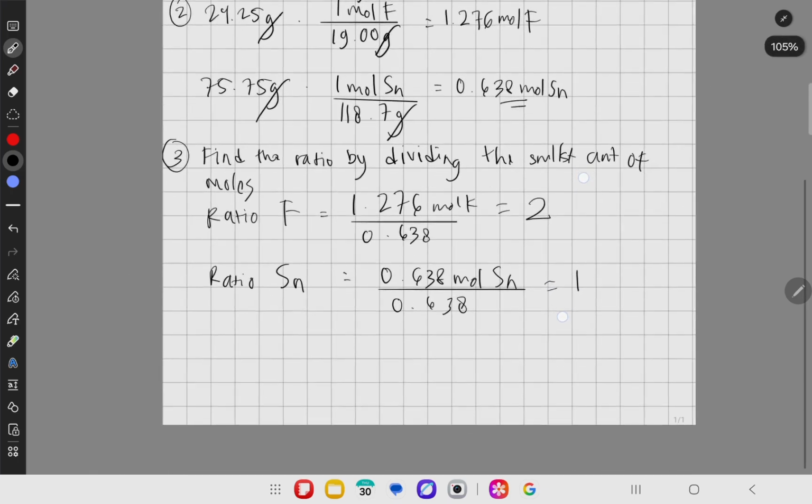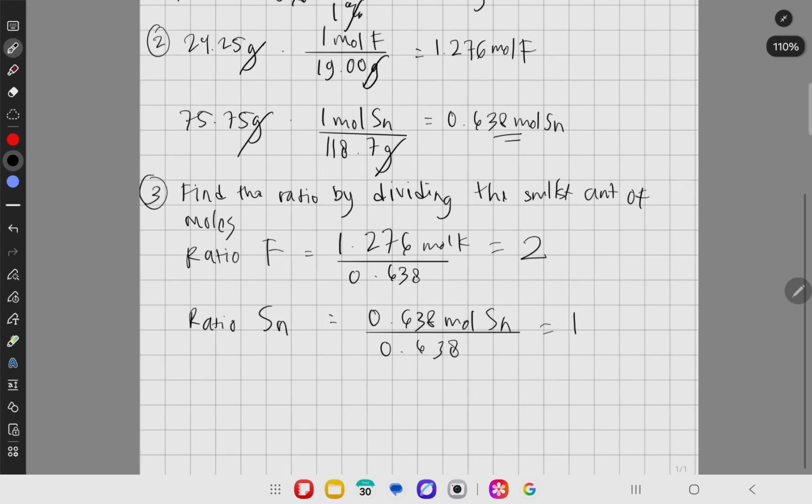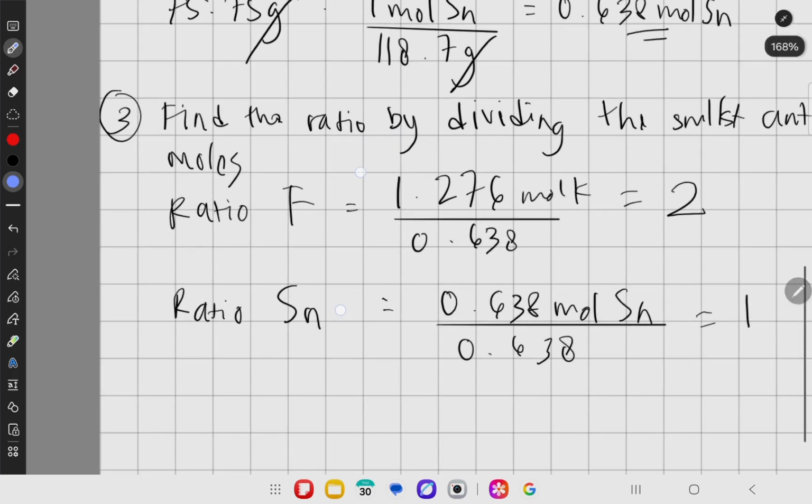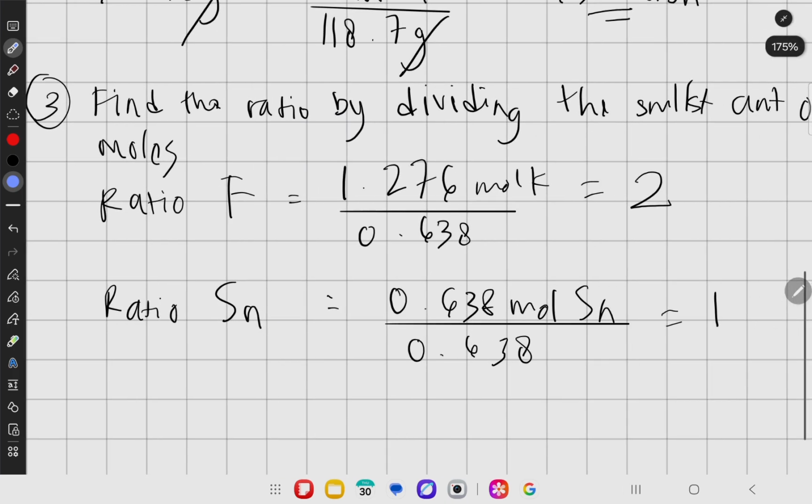So as we can see here, we can know the empirical formula. We know based on the moles that we have, but we don't have to start with FSn or F tin. Why? Because as we can see here, this is an ionic compound.